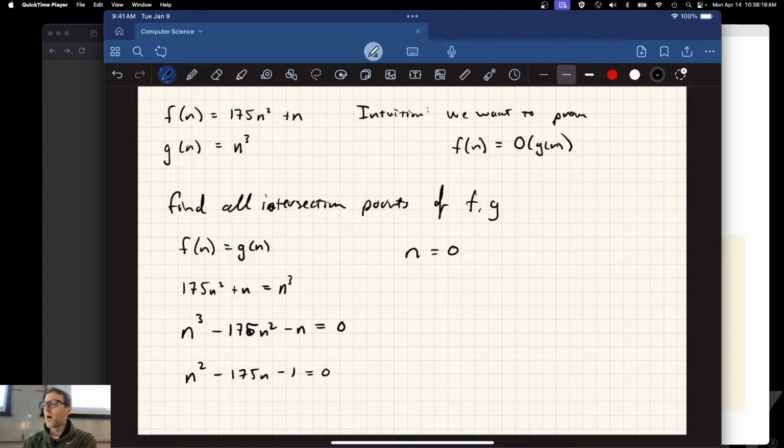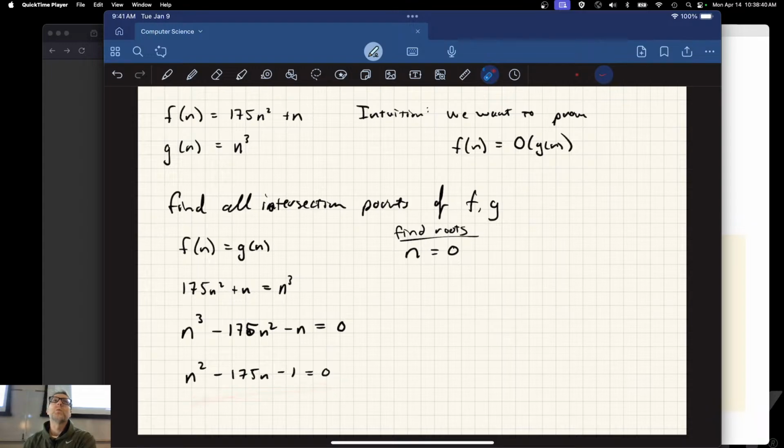By the way, there are 3 intersection points. Why? Because this is a cubic function. There are going to be 3 of what we call roots. You need to find roots. One of those roots is going to be 0.